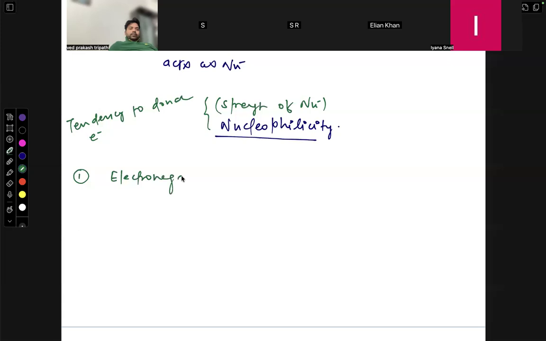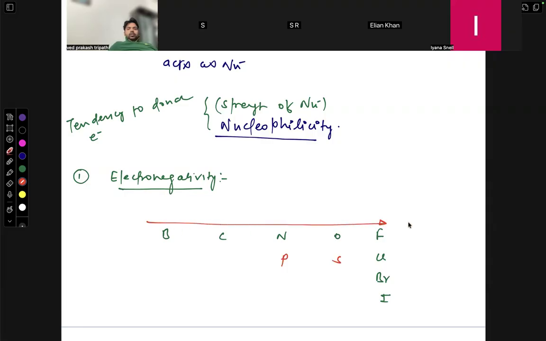Electronegativity. Can anyone tell me what is the trend of electronegativity in the periodic table if you are moving left to right like this? If I am going to move left to right, what is the trend of electronegativity?